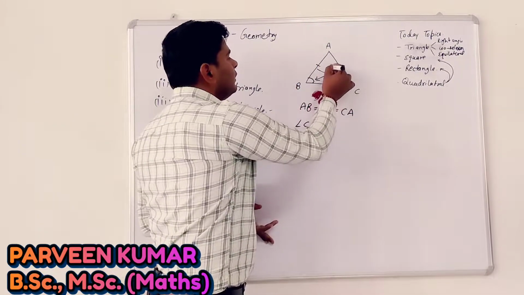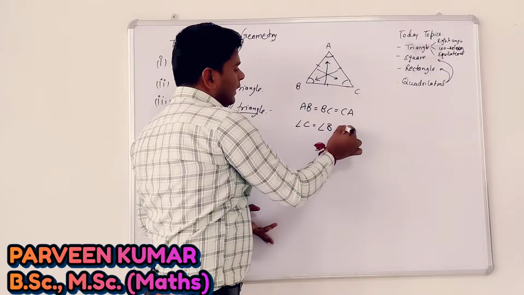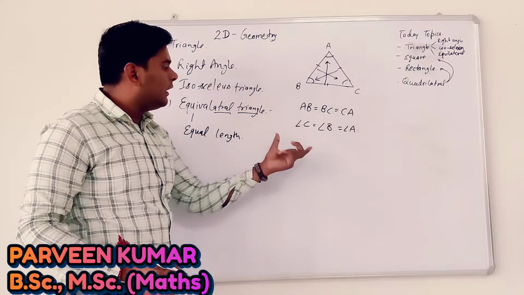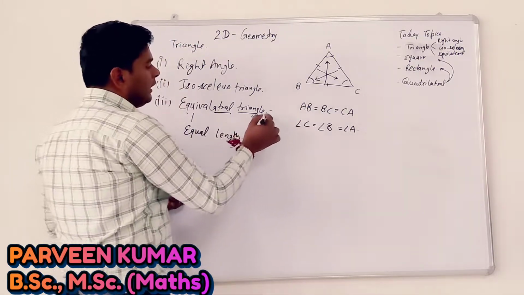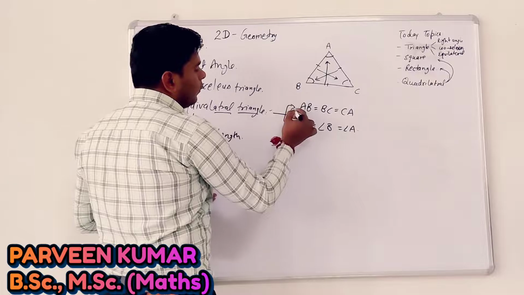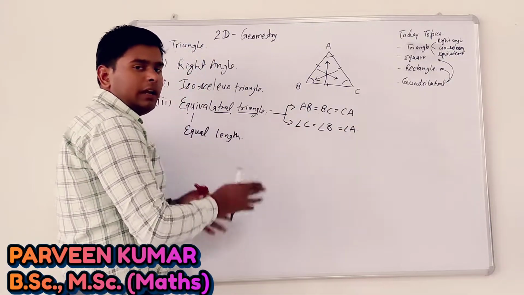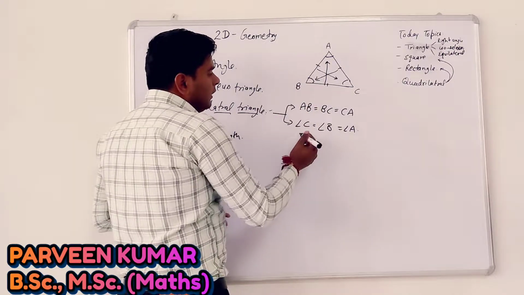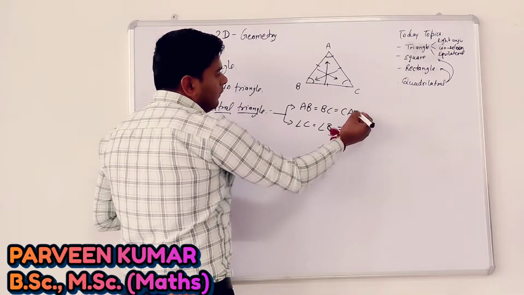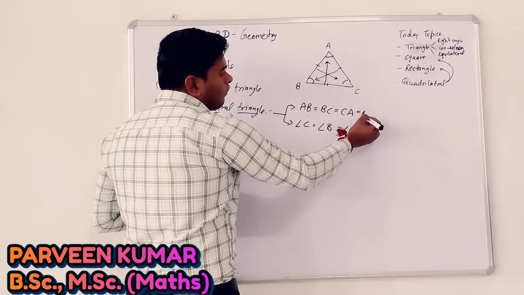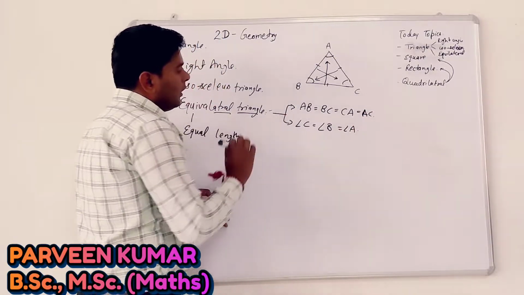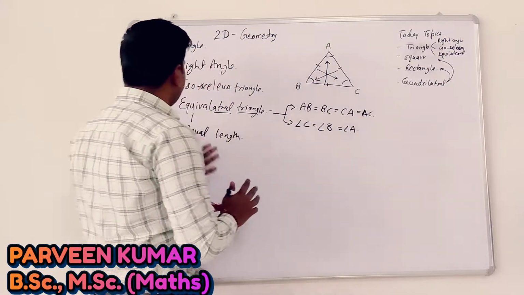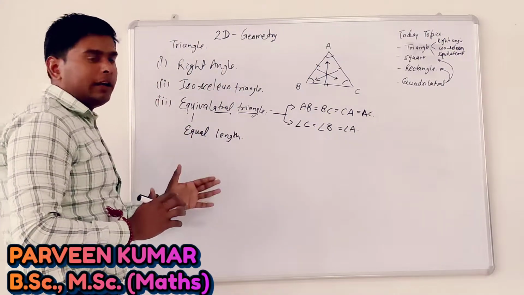The angle opposite to BC is angle A, which is also equal to these two angles. The property of an equilateral triangle is that all three sides AB, BC and AC are equal, and all three angles are also equal. So this is an equilateral triangle.